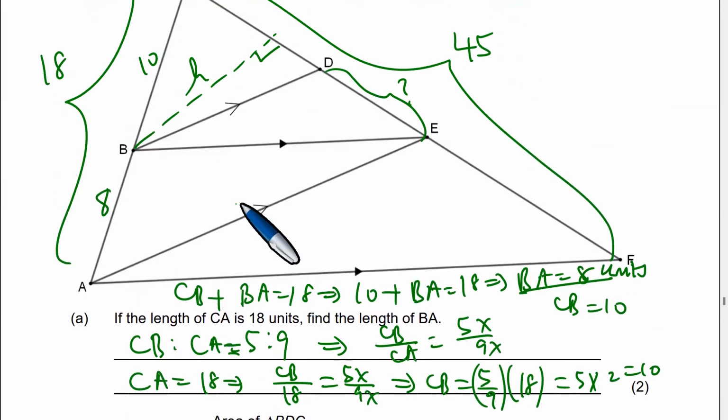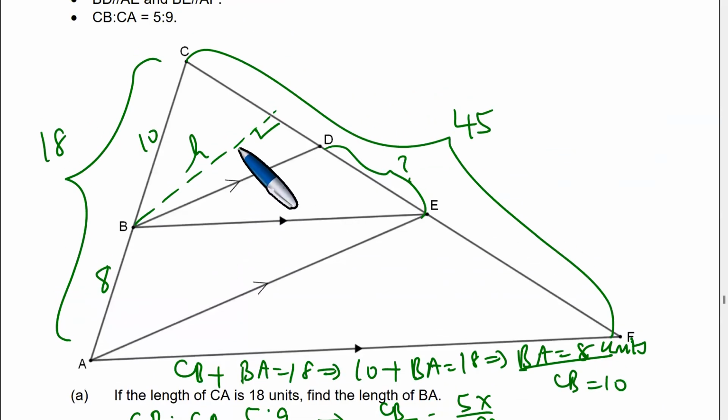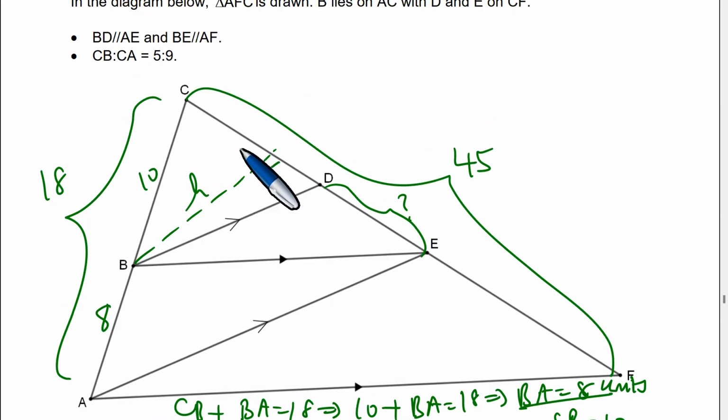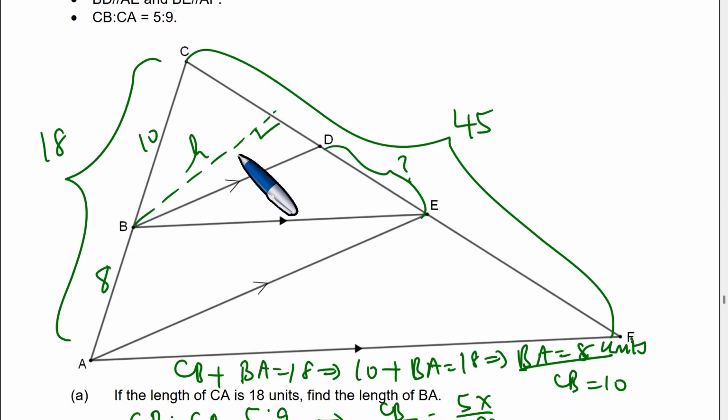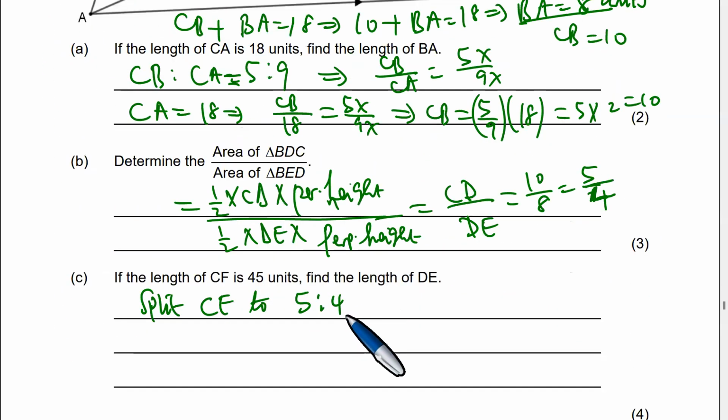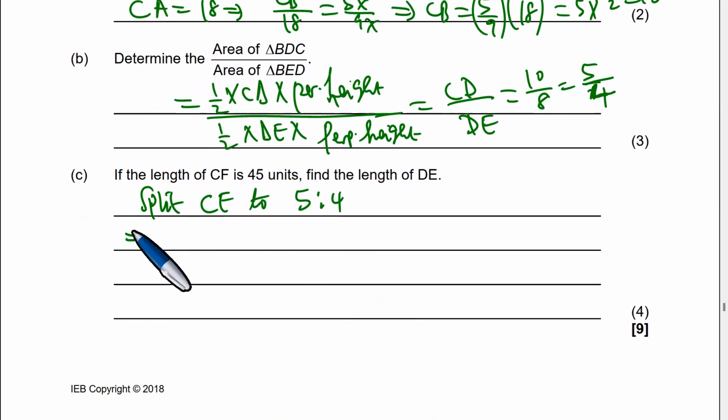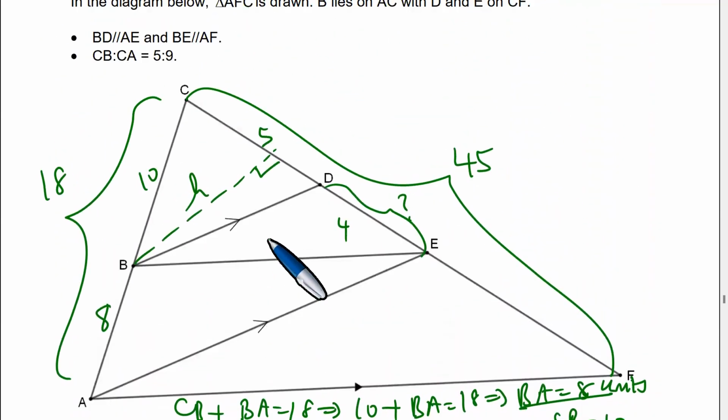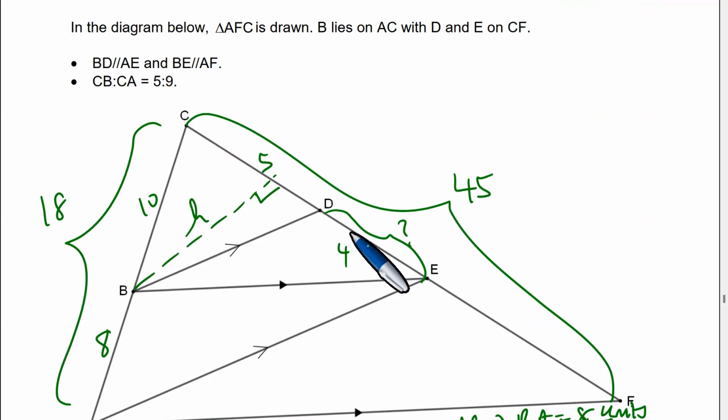So if you split CE to the ratio of 5 to 4, then the ratio of DE to CE is going to be 4 out of 5 plus 4.